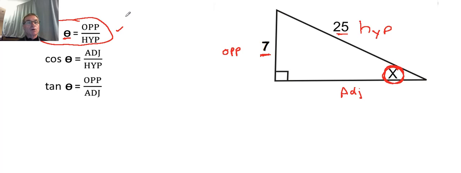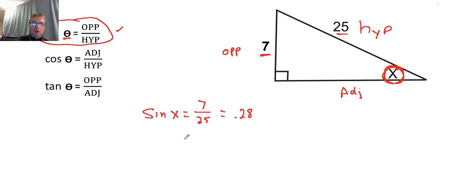Okay, so let's plug in the numbers. So the sine of x is going to equal the opposite side, 7, divided by 25, and we haven't been given any units. All right, 7 divided by 25 is 0.28.